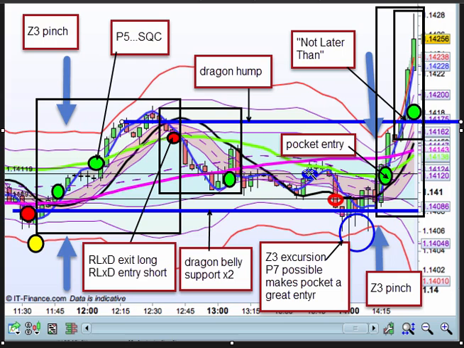This is a good effort, but realize that when we're talking chain trading, especially in the currencies, use the dragon as your guide. Look at the width of that Bollinger Band. These RLXDs turn out to be not only exits, but also good entry points on the other side.